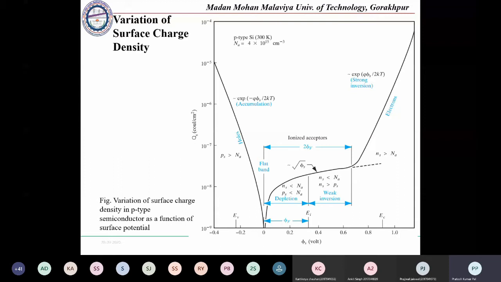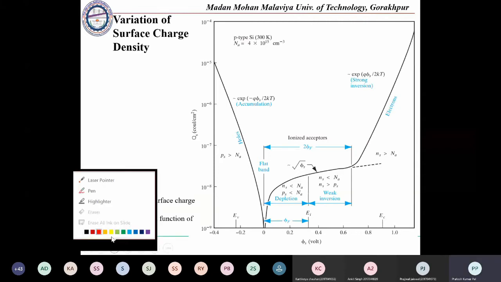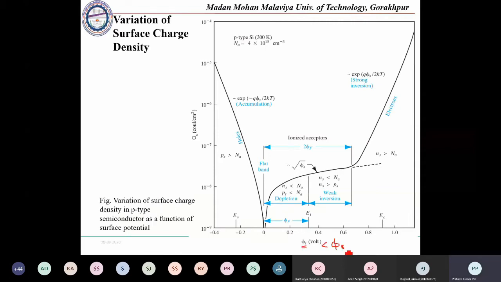Whatever Fermi potential is there at the surface will be called the surface potential, and phi of s is always less than phi of f, the Fermi potential of the bulk. This is the Fermi potential of the surface.